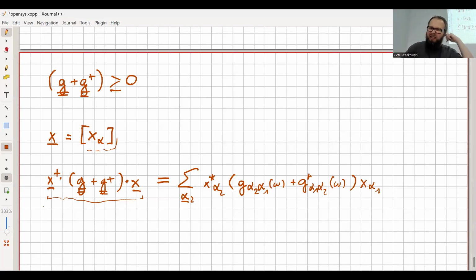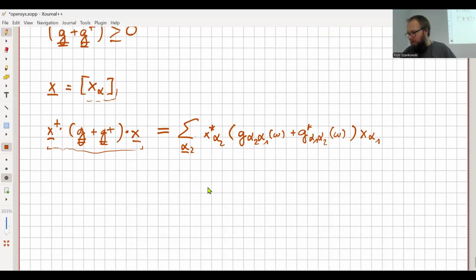This is what it means. But x are just some unspecified complex numbers. And if we can show that this thing is non-negative, we show that the matrix is positive semi-definite, or in other words, that its eigenvalues are all positive, or non-negative at least.